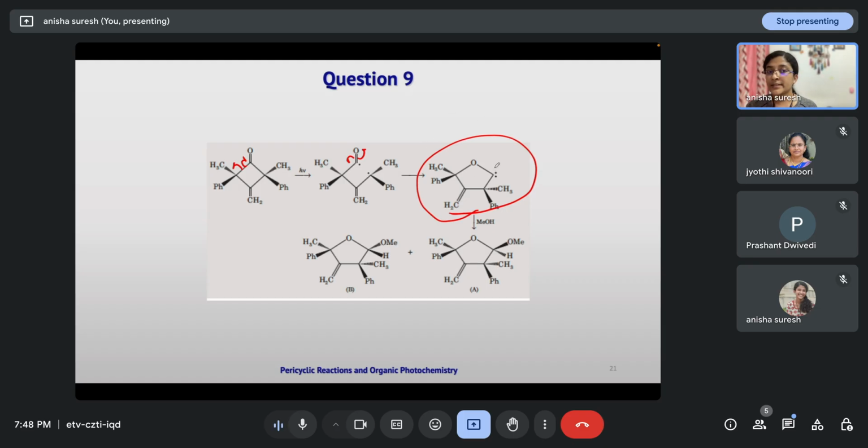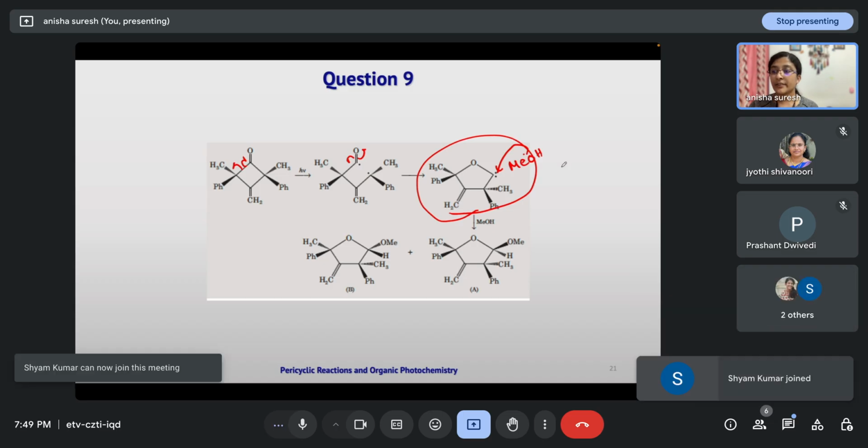Now, here this is an electron deficient center, so the methanol can attack here either from the alpha face or beta face. Depending upon that, we will be getting two products. Since these chiral centers are fixed, depending upon the attack of the methanol, either from the alpha face or beta face, we will be getting two products.